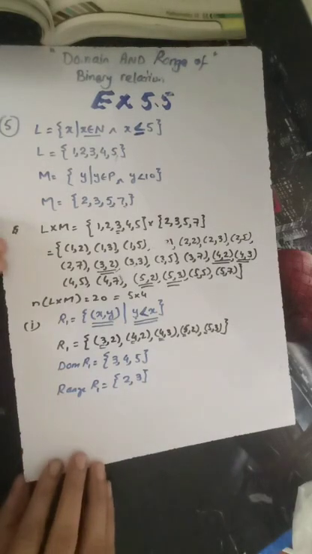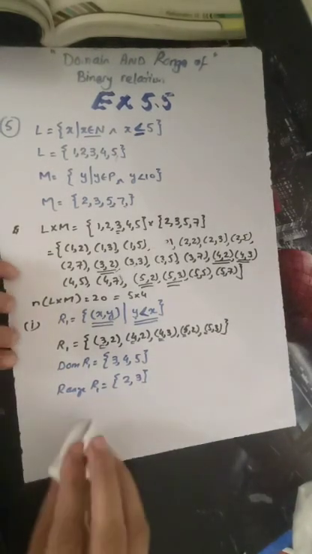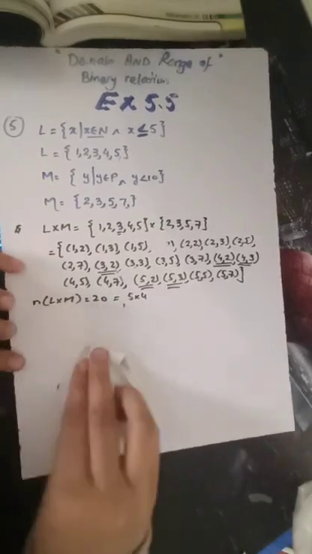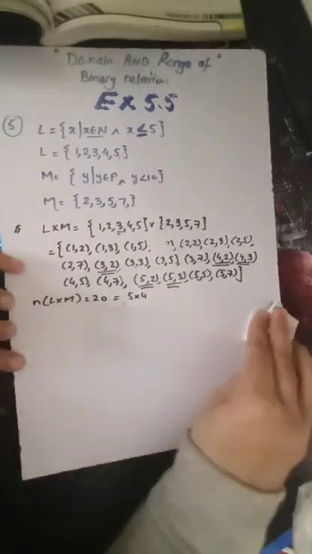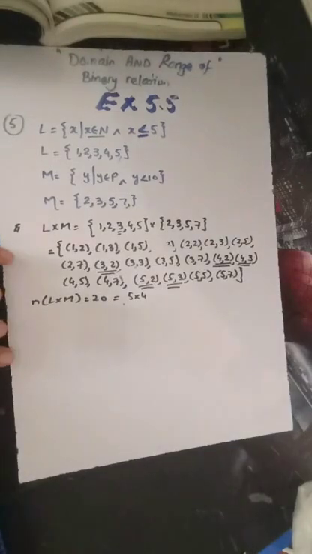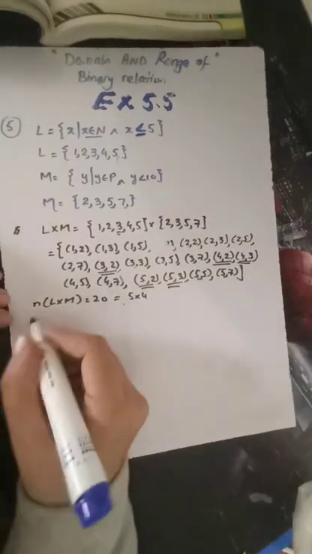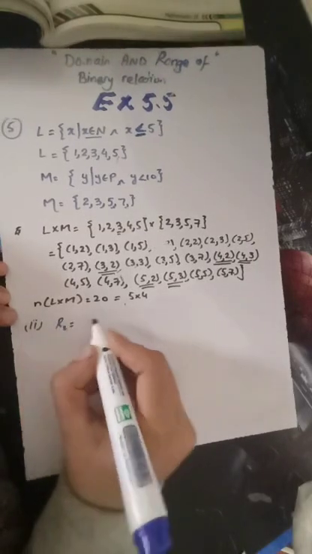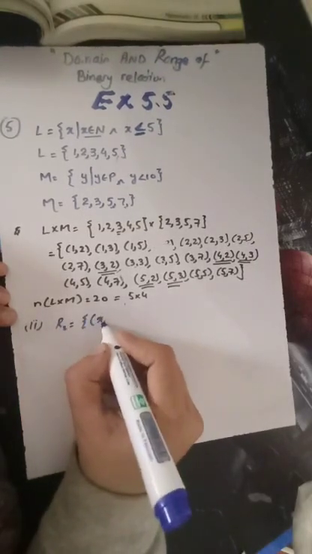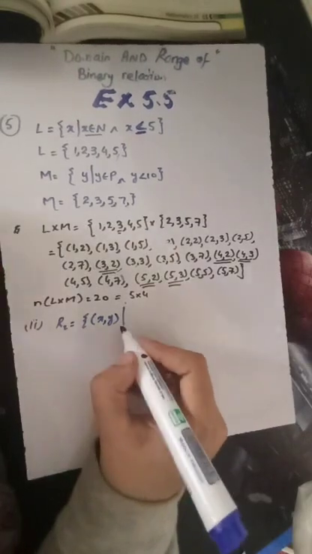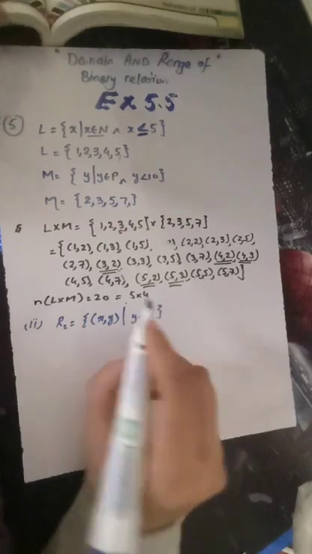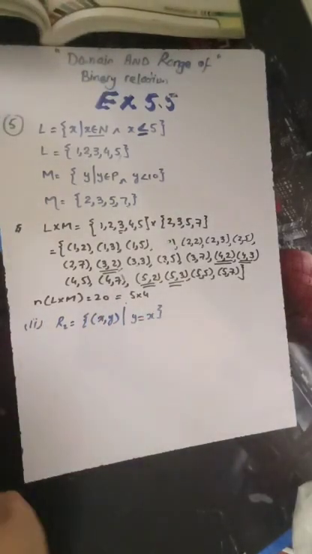Similarly, now going to the next part. Second part, we are given that R2 contains all those ordered pairs such that y is equal to x. So we have to pick those ordered pairs where x and y are equal.